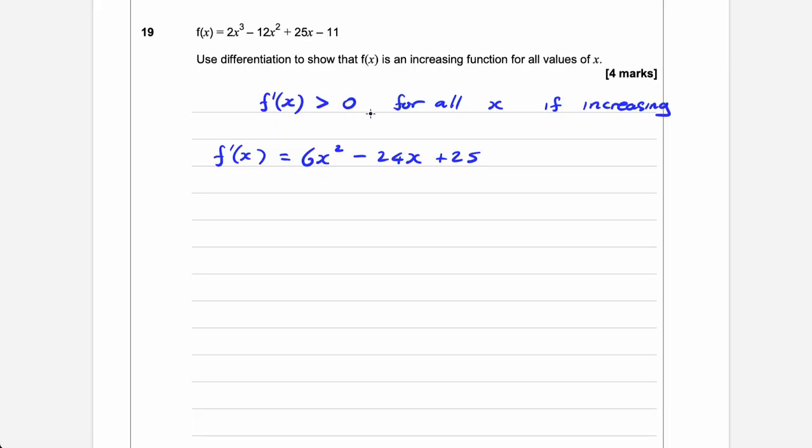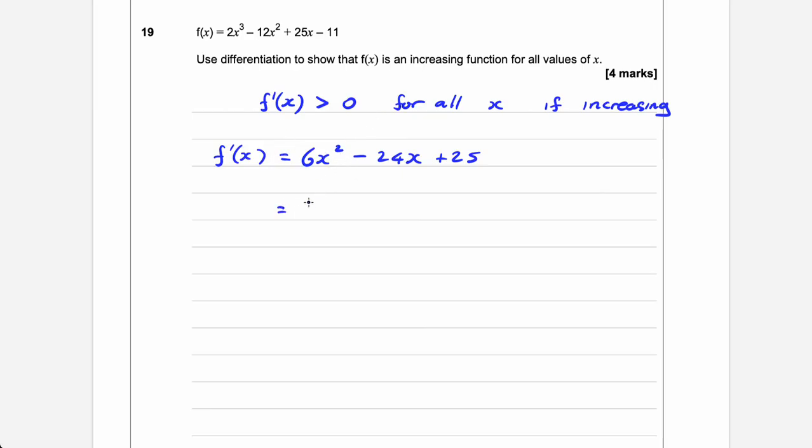If I complete the square, I will find the minimum value of this. Remember, when you complete the square, the minimum value is the k bit at the end, the constant at the end. If that's bigger than 0, then we're good. We have showed it's greater than 0. So let me explain what I mean. We will complete the square.